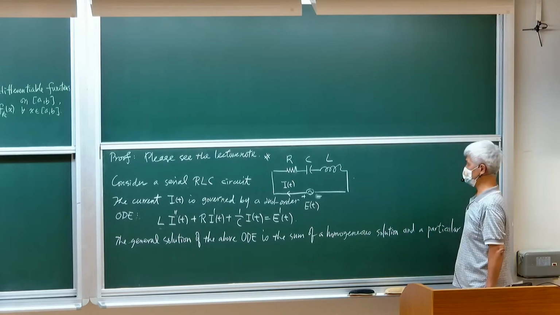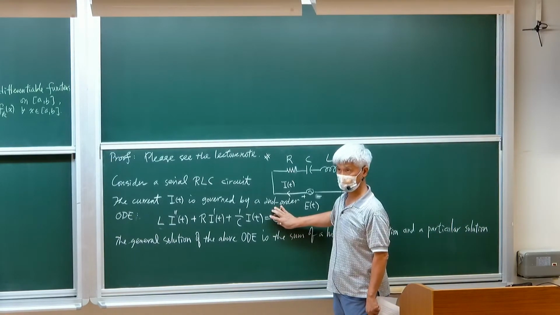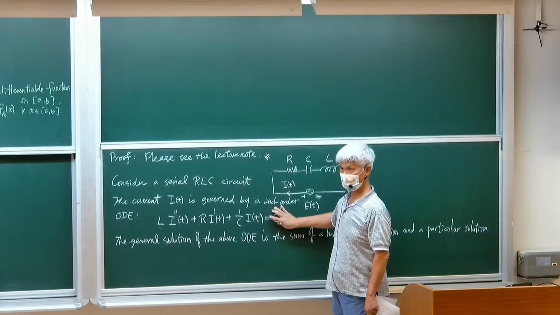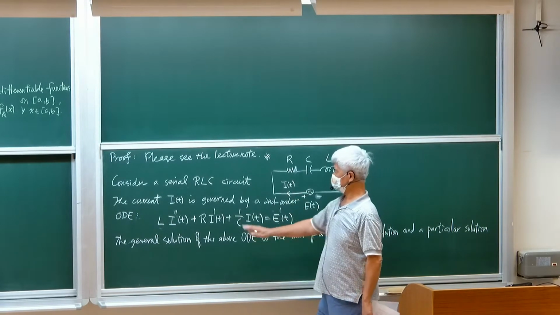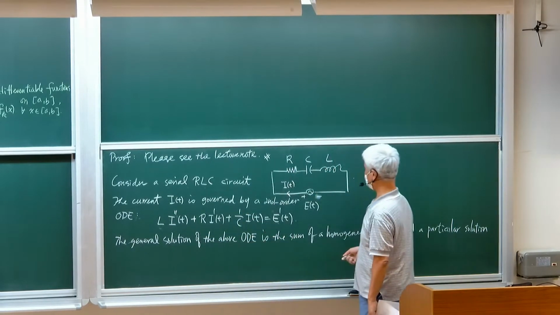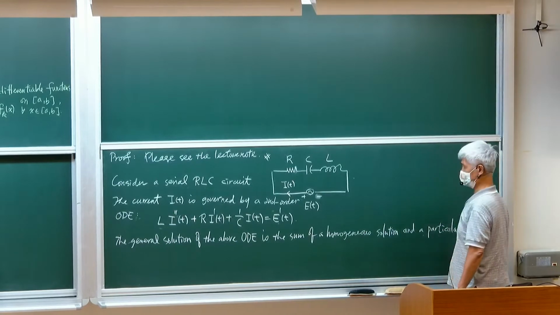A homogeneous solution is a solution such that the driving force is 0. Remember that? Good. So the general solution is the sum of a homogeneous solution and a particular solution.